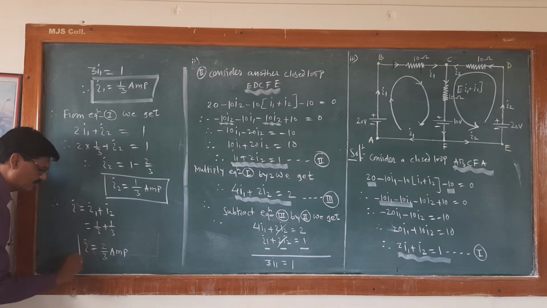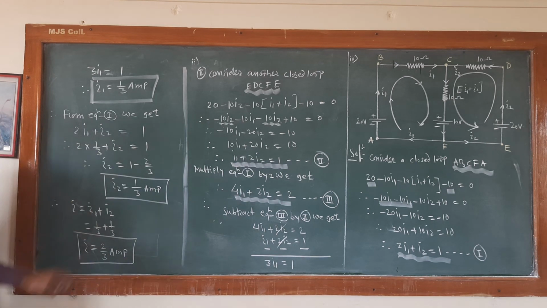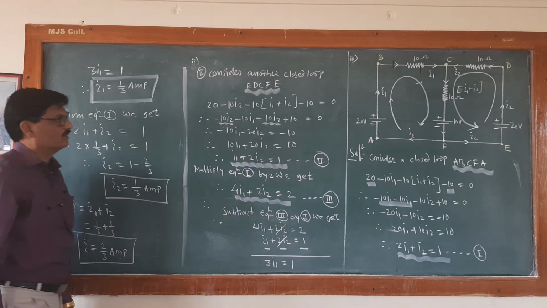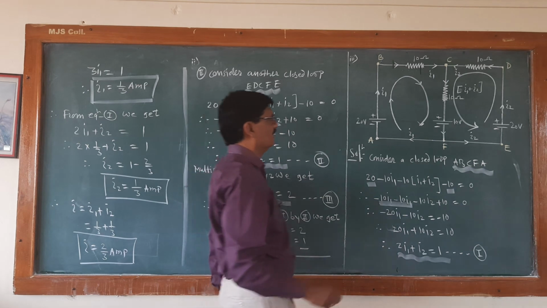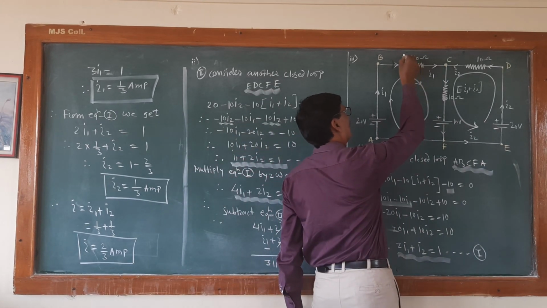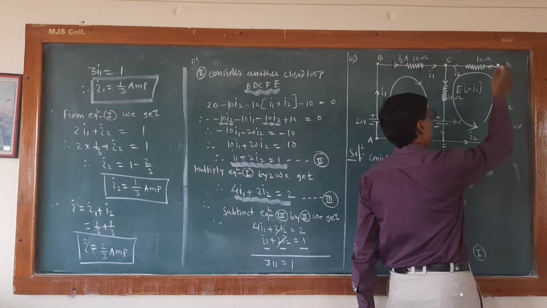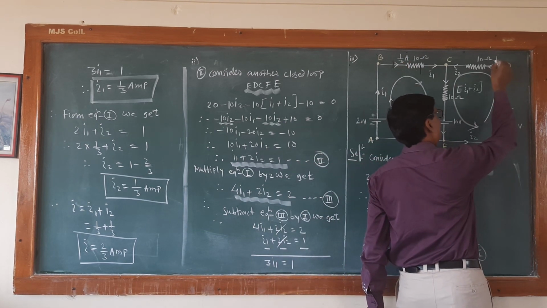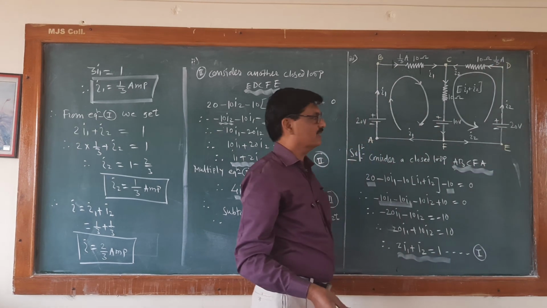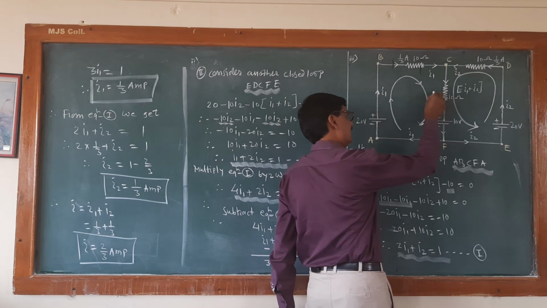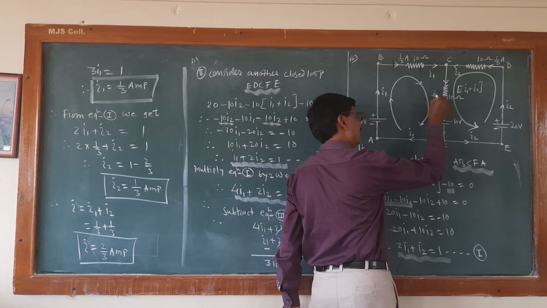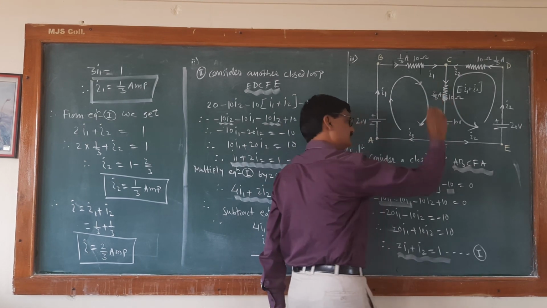Therefore the current flowing through this resistance I1 is 1 by 3 ampere, the current flowing through this resistance I2 is 1 by 3 ampere, and the current flowing through this resistance is 2 by 3 ampere.